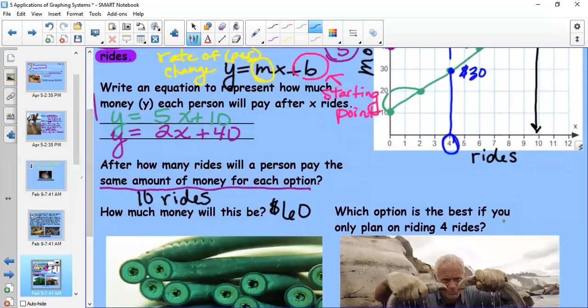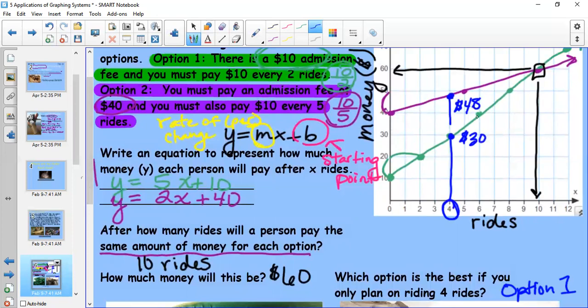So my answer here would be option 1. Now, if you really wanted to know the exact amount of how much this is, you could always use your equation and plug in the 4 rides to get that answer. And 2 times 4 was equal to 8 plus 40. So when I estimated 48, that was exactly right.